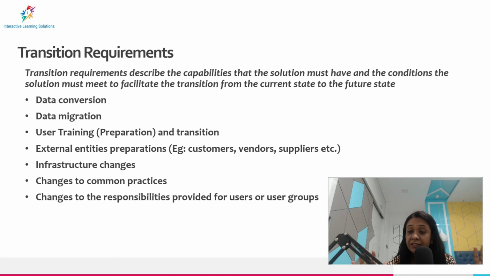In every project, during the requirements gathering phase, as you are gathering functional and non-functional requirements, it is your responsibility to talk about transition also to your customer. Ask him how he is planning to migrate the data from the old system. If the onus of migration lies with you, then it is your responsibility as a business analyst to define business rules for the migration. So I hope this clarifies the concept.